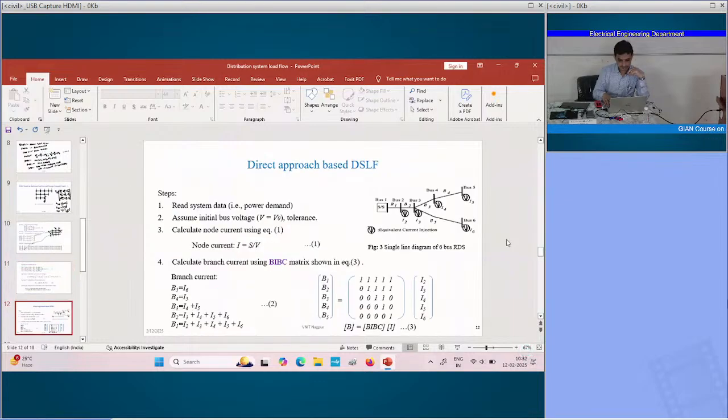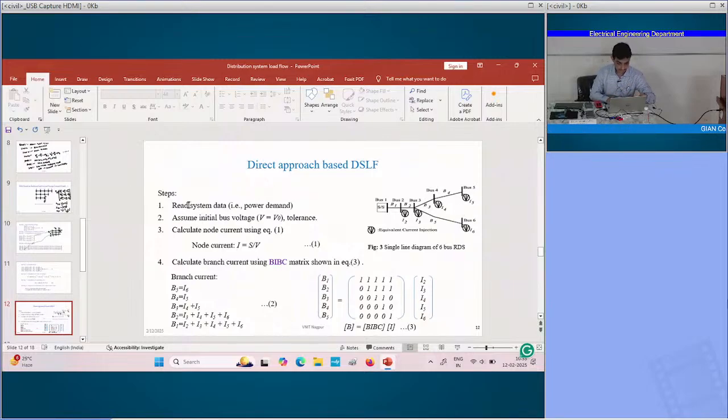Okay, now the same thing with the direct approach based distribution system load flow. What steps are we supposed to follow?